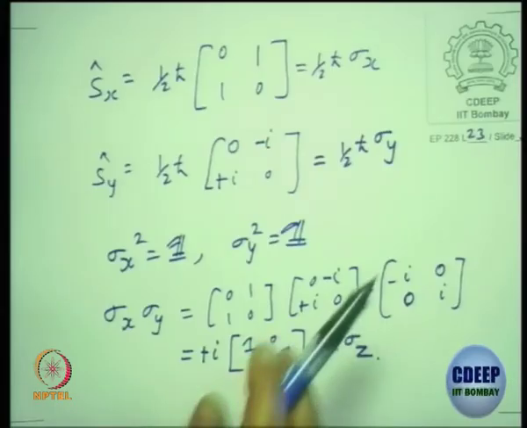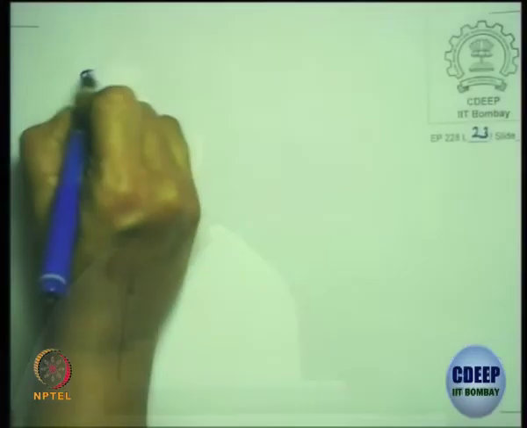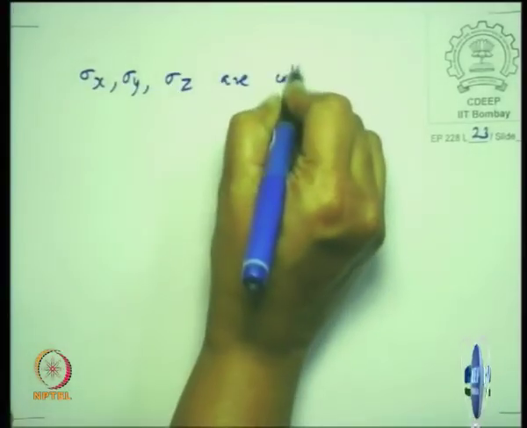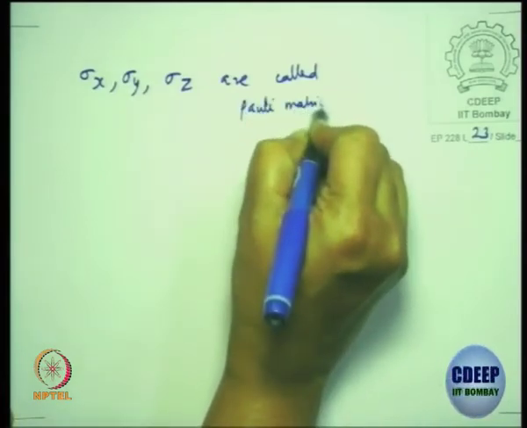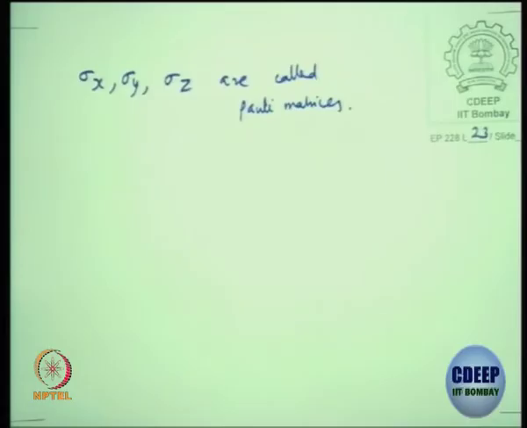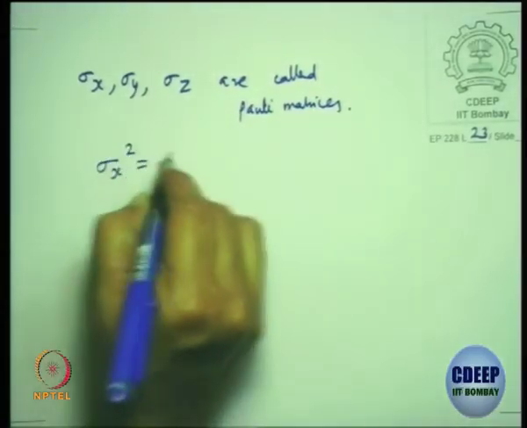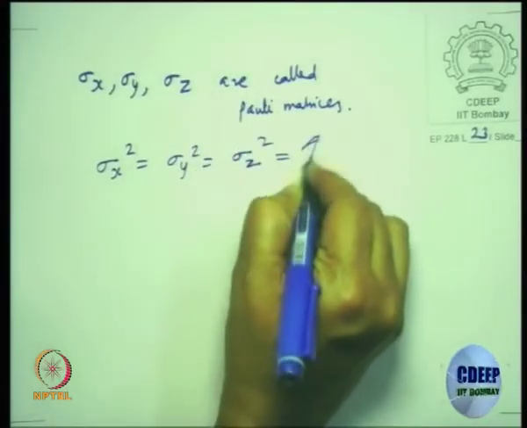So the sigma x, sigma y, sigma z, in any textbook if you start seeing, they are called the Pauli matrices. Sigma x, sigma y, sigma z are called Pauli matrices. What are the properties? Sigma x squared, sigma y squared, sigma z squared is identity.